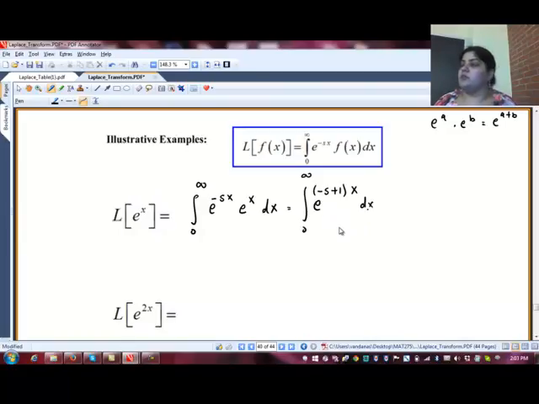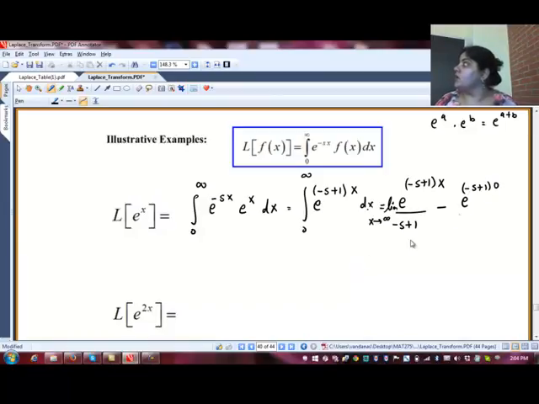What is the integration of this? It is e to the power minus (s plus 1) x divided by minus (s plus 1), and then I have to take limits. Since it is 0 to infinity, it will be better if I write the limit as x approaches infinity, minus, and plug in 0 here, so it would be e to the power minus (s plus 1) times 0.